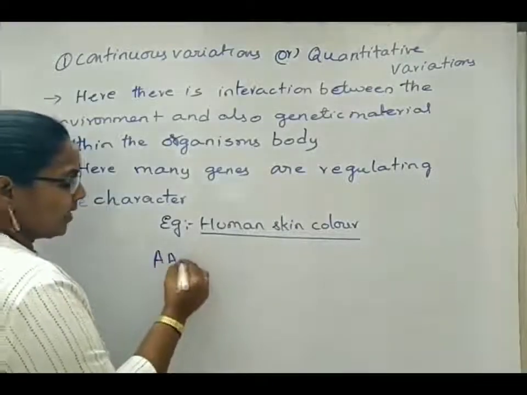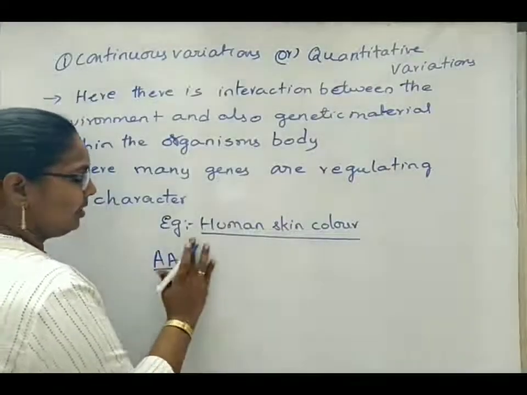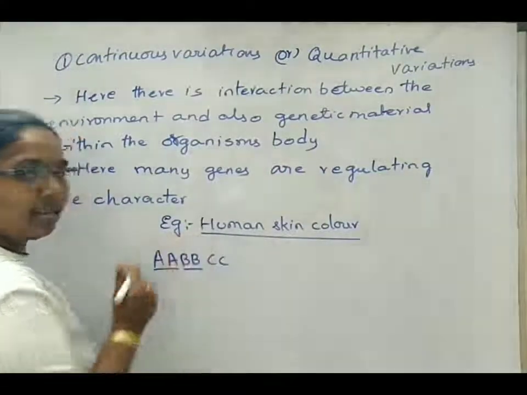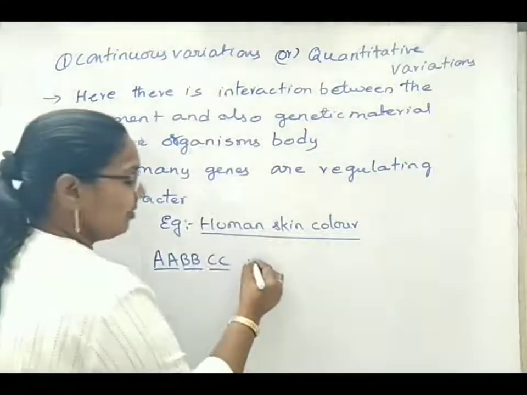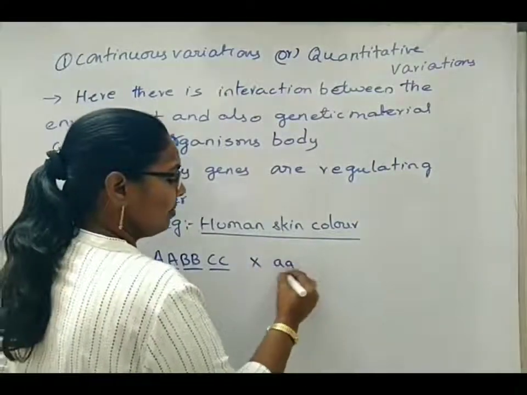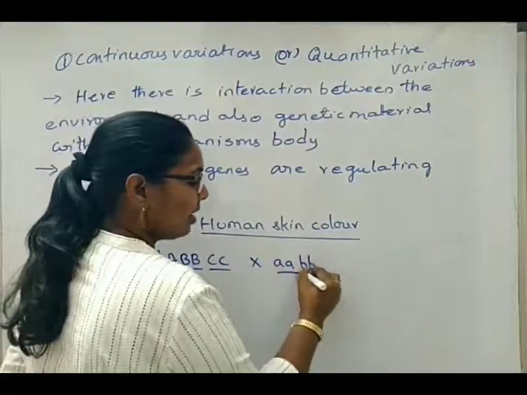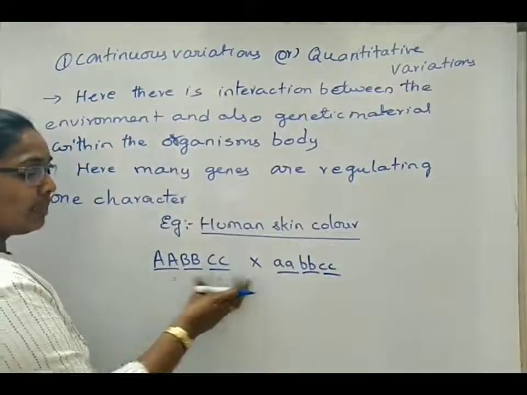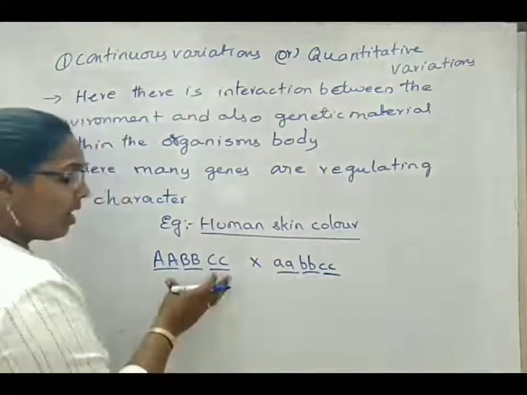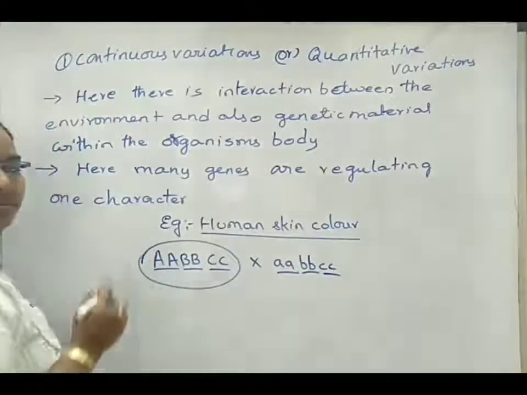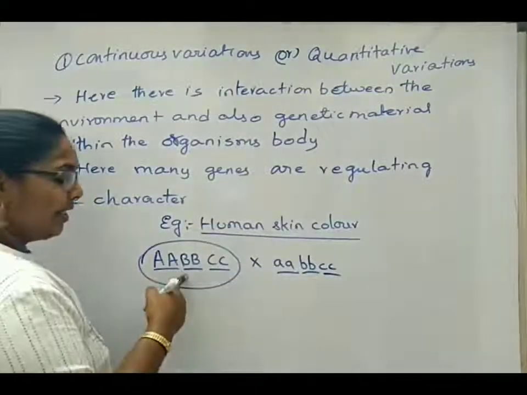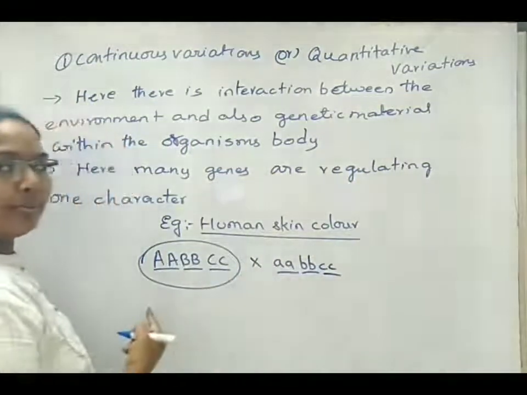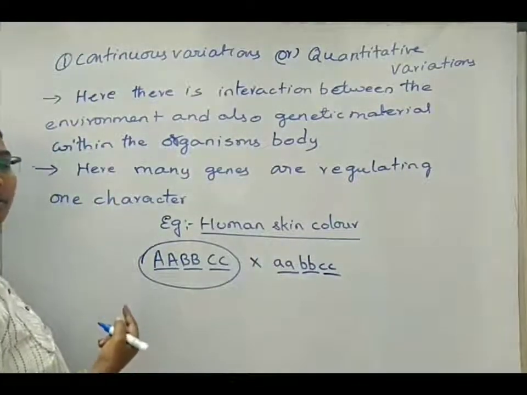So here if I express, there is one gene, other gene and other gene which are crossed with one type of gene, other type of gene, other type of gene. Actually these three types and these three types are in one cell. Wherever these are present in the chromosomes, there these also will be existing based on the human skin color.